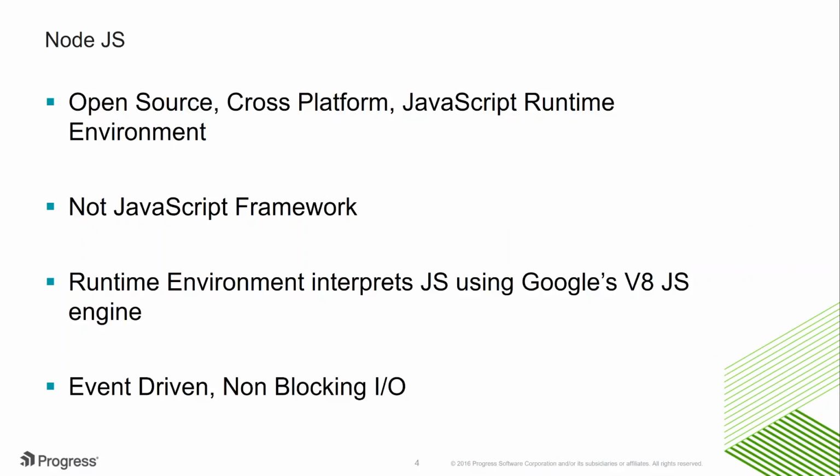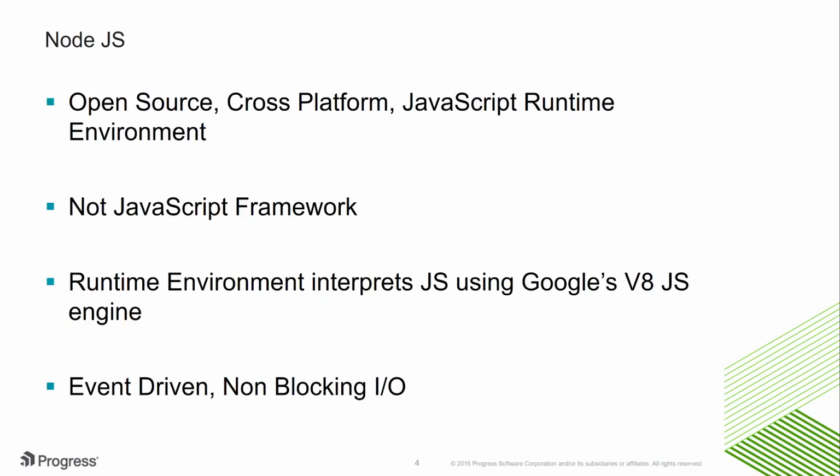First and foremost, Node.js is an open source cross-platform JavaScript runtime environment. This is very important for anybody who wants to work with Node to understand that Node.js is not a language. Node.js is not a framework.